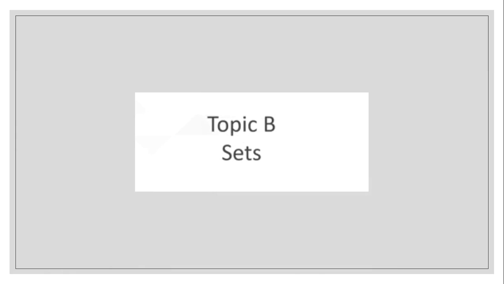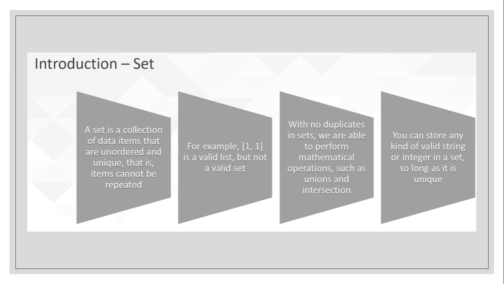Okay, now sets. Why are these sets given, let's understand that. Basically it's a collection of data that is unordered and unique. This item cannot be repeated. Please listen, this item cannot be repeated, and it's a collection. So this is where set comes into the picture. With no duplicates in the set, we are able to perform mathematical operations. Suppose I have distinct, when I say distinct, I am talking about unique.